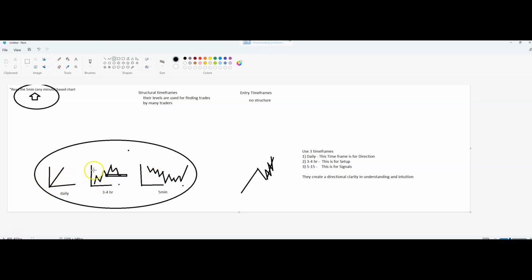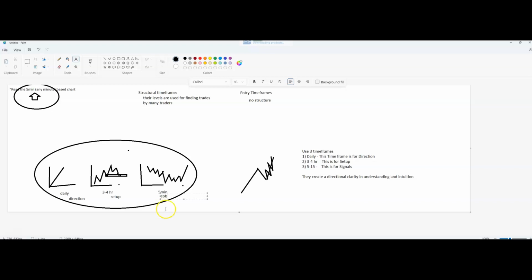Right, that your daily direction, daily direction, 3 to 4 hour setup, and here was a demand zone setup or the support setup, right? And 5 minute heavy buying. So just call it a change of behavior. Or what is it? Change of character.